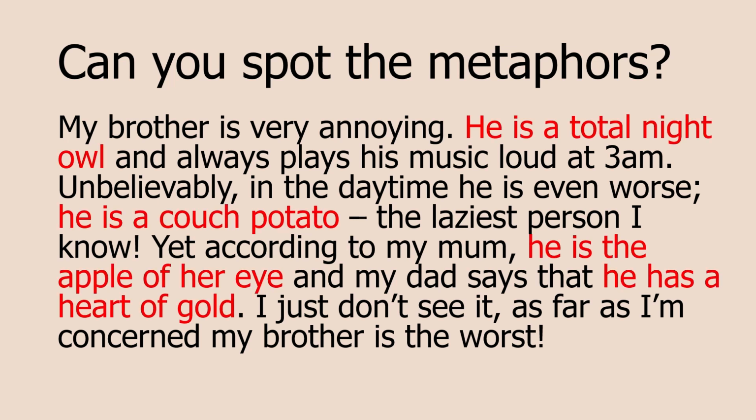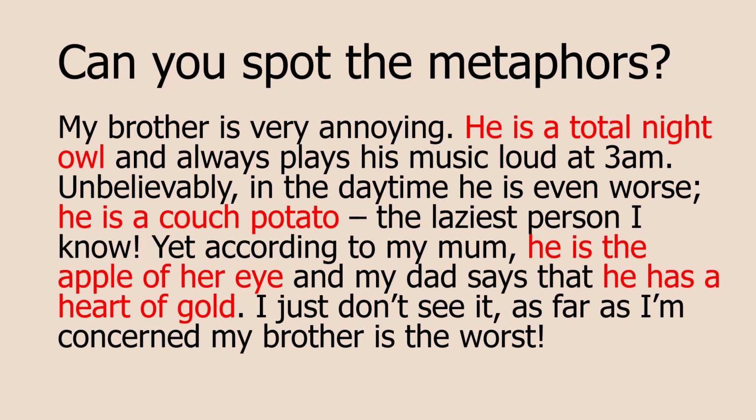So maybe you spotted the metaphor he is a total night owl, comparing my brother to a night owl using is. Maybe you got he is a couch potato, again comparing my brother to a couch potato using is. The third example, he is the apple of her eye. If you're the apple of someone's eye, someone thinks you're the best, you're the most special.